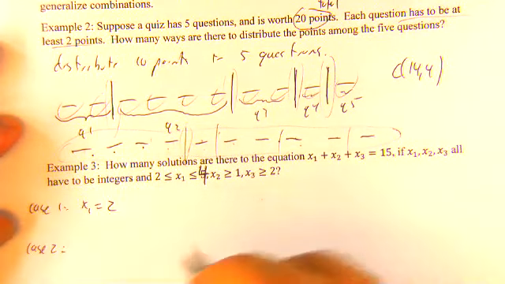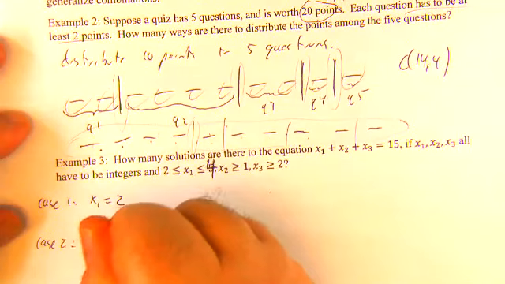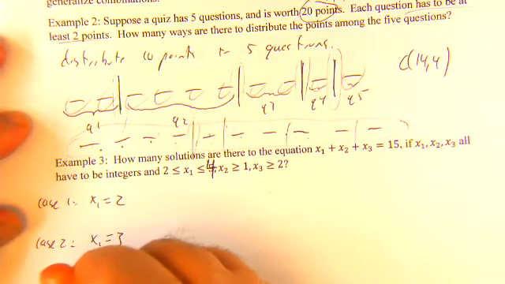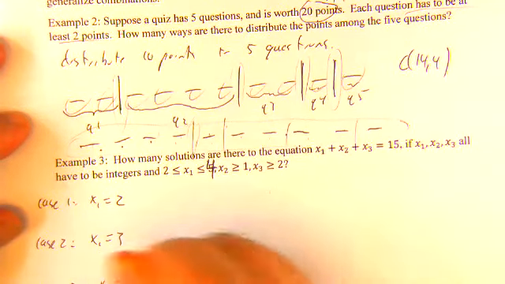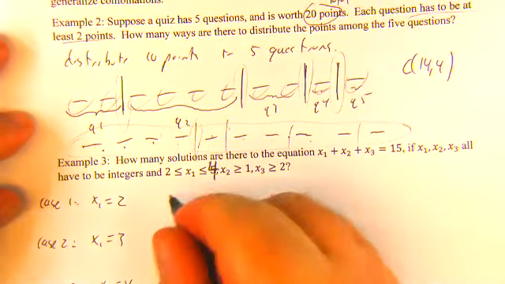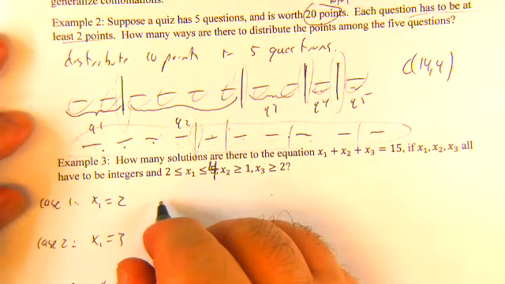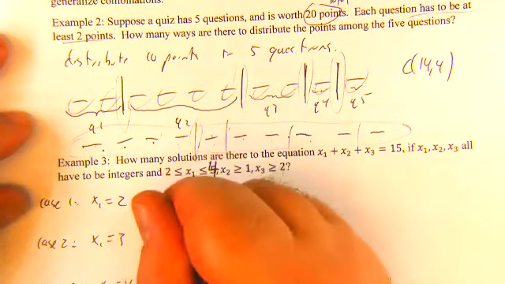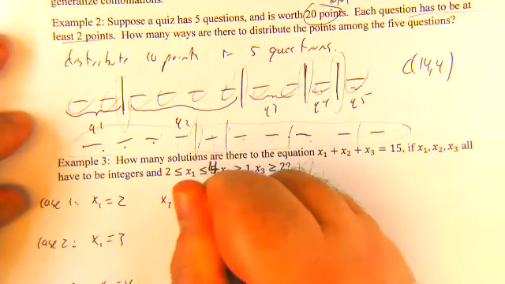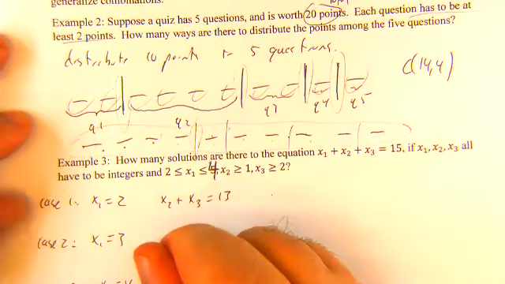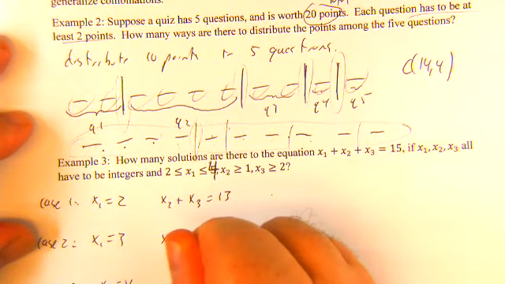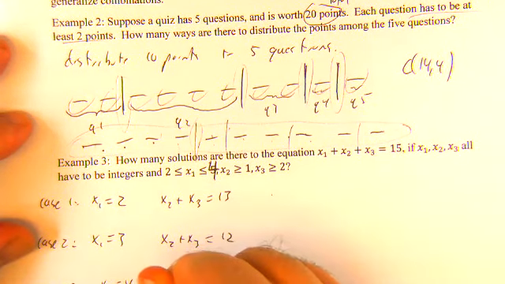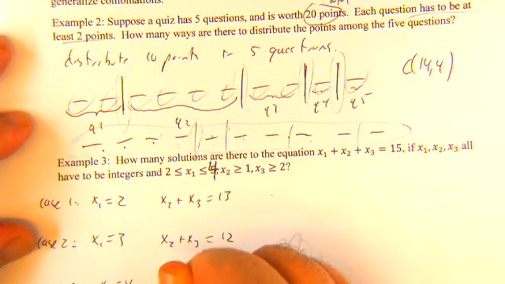Case 2, x1 equals 3. Case 3, x1 equals 4. In case 1, we need x2 plus x3 equal to 13. In case 2, you need x2 plus x3 equal to 12. In case 3, you need x2 plus x3 equal to 11.